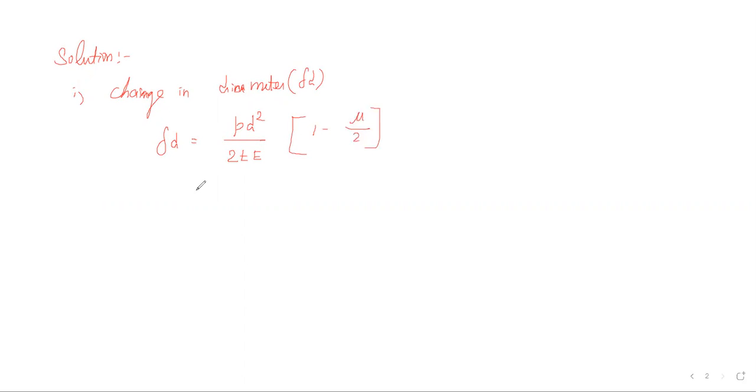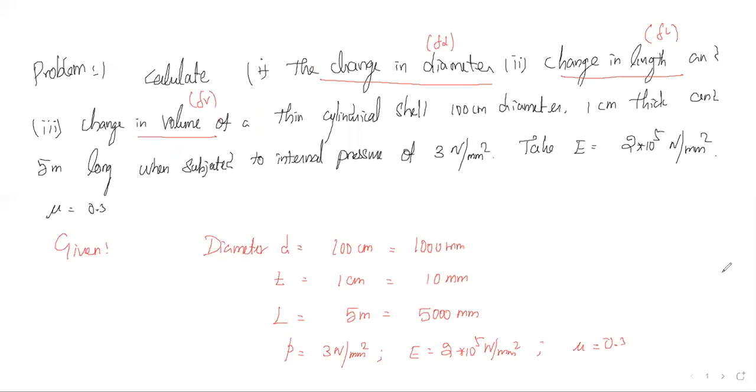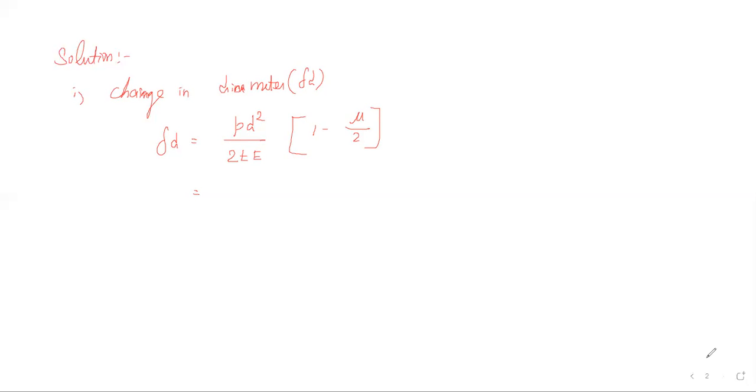Since all the data are given, we substitute these values: p is equal to 3, D squared 1000 squared, divided by 2 into thickness into Young's modulus, multiplied with (1 minus mu by 2), so 1 minus 0.3 divided by 2.